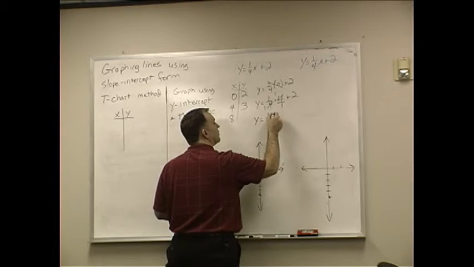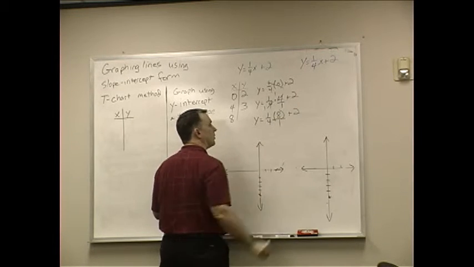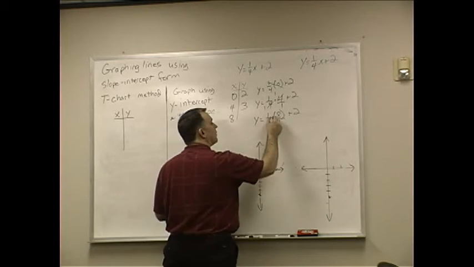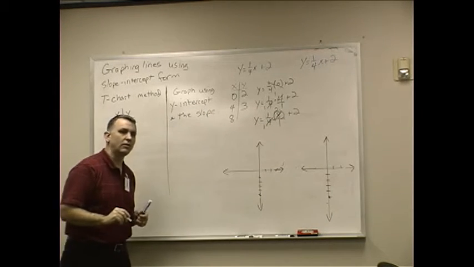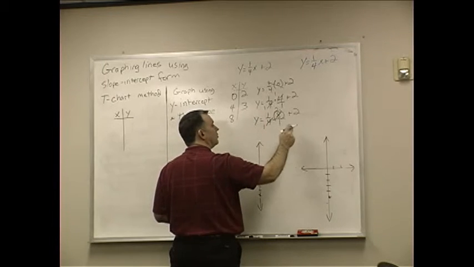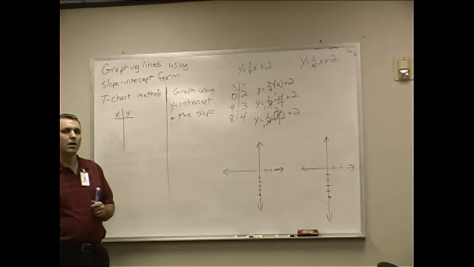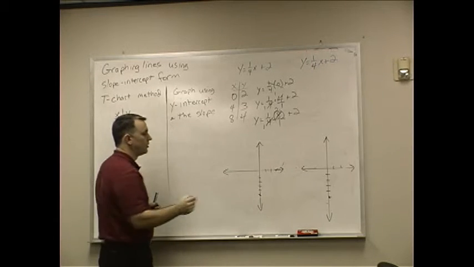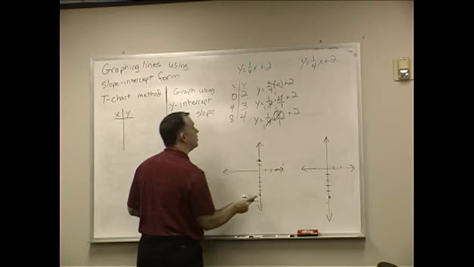Y equals 1/4 times 8 plus 2. I'm going to put the 8 over 1. The 4 will turn into a 1. The 8 will turn into a 2 when I do my canceling. 1 times 2 is 2, plus 2 is 4. All right, so now we try to graph this. Over 0, up 2.